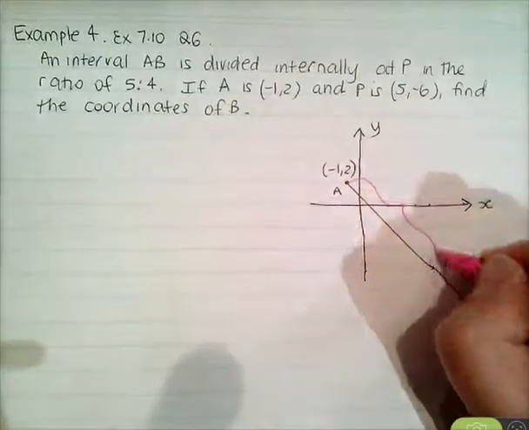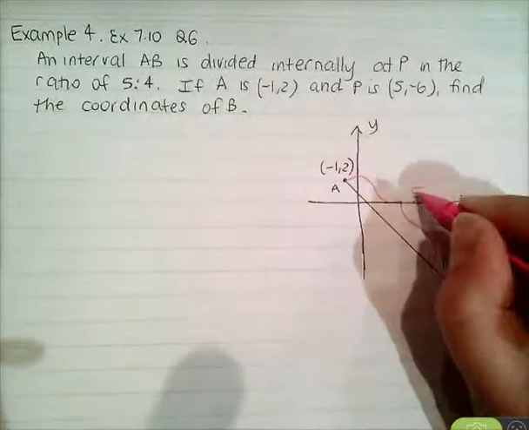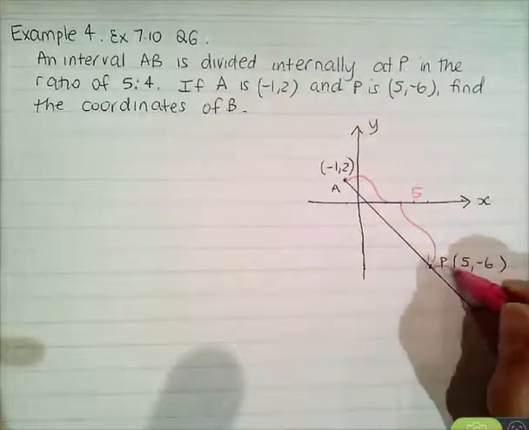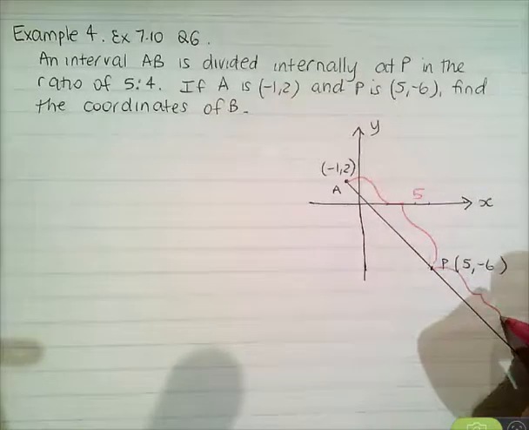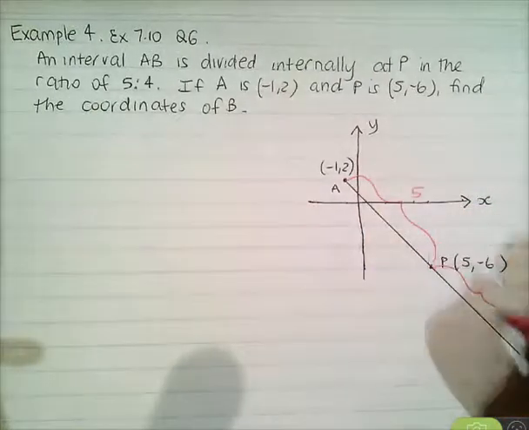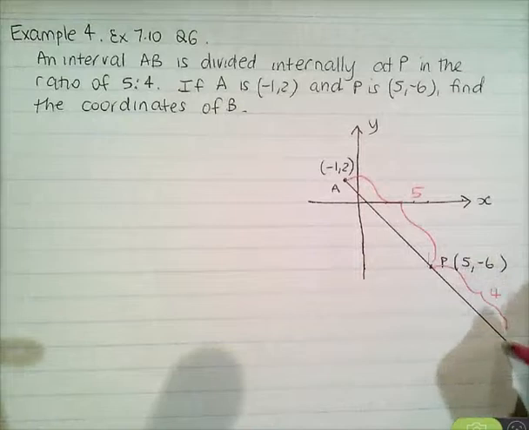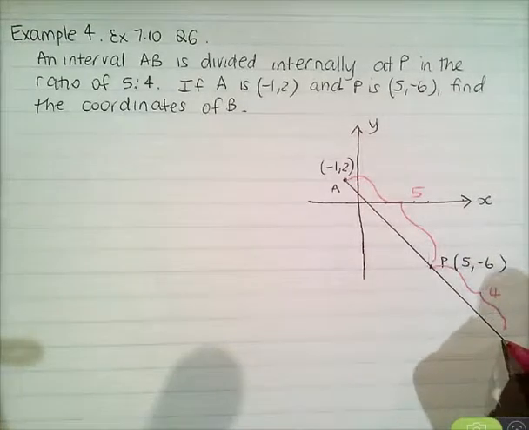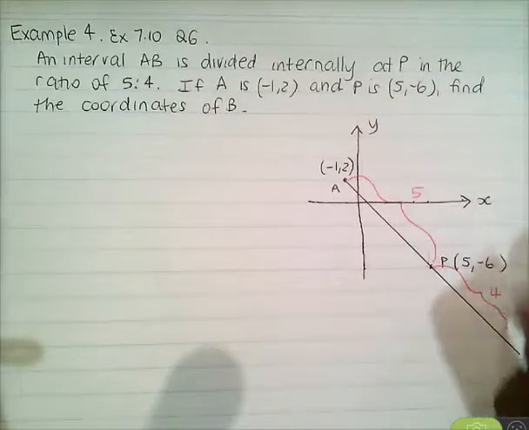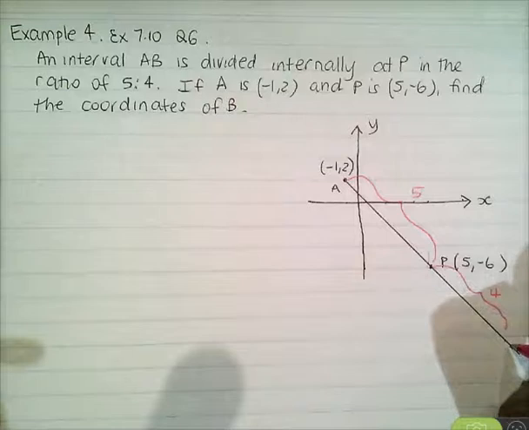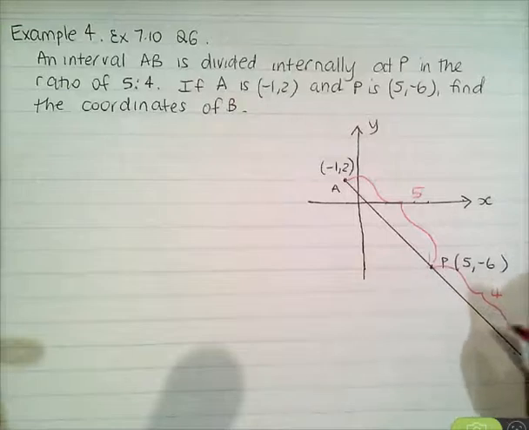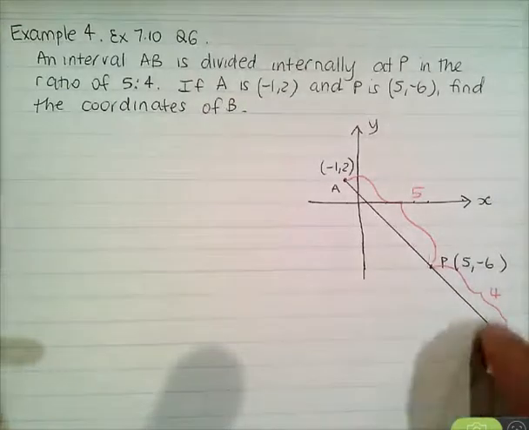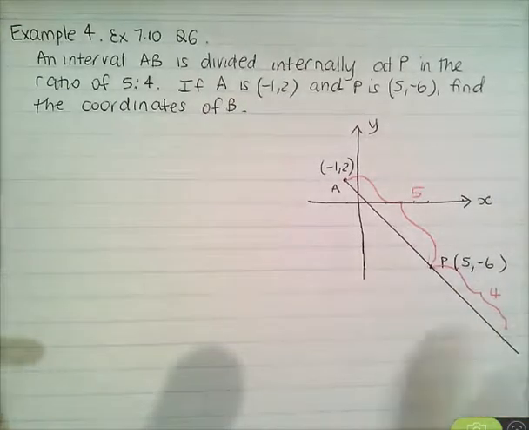So this part here will be 5 parts, and then another bit down here, a bit smaller, should be 4 parts. So we're expecting point B to be somewhere down here, more than negative 10 down there.